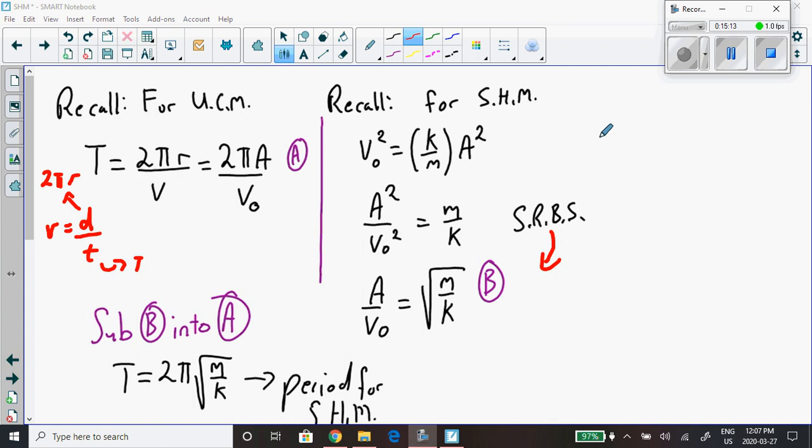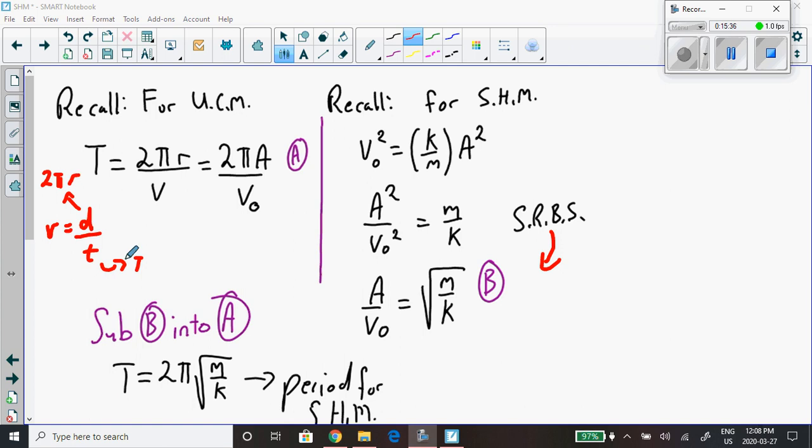All right, well, let's use the power of what we know from uniform circular motion and the power of knowledge of simple harmonic motion to come up with a really interesting conclusion here. Remember all the way back in grade 11, speed is equal to the distance you travel divided by how much time it took. Well, the distance around a circle is 2 pi r.